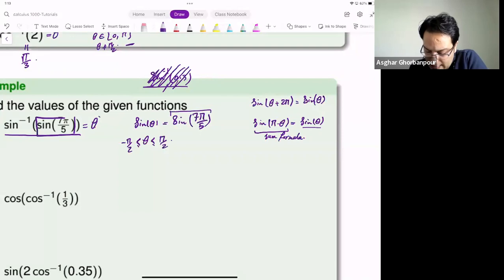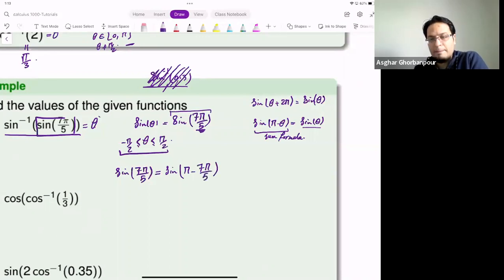What I'm trying to say is that turning this number into an angle which is in this interval sometimes needs some work to be done. So for example, sine of 7 pi over 5 is equal to sine of pi minus 7 pi over 5, based on this property. And this is nothing but, well, that's minus 2 pi over 5.